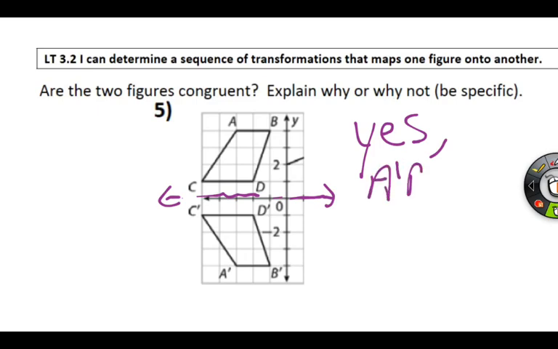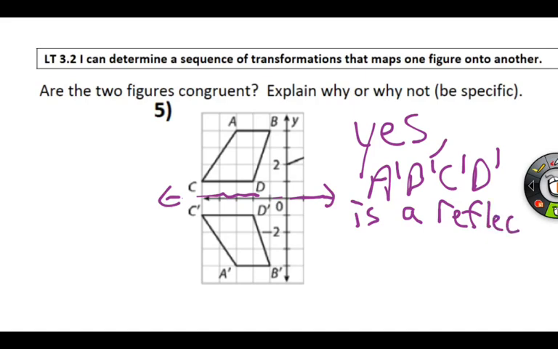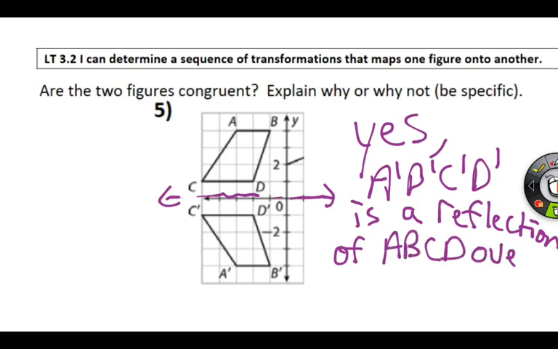A prime, B prime, C prime, D prime is a reflection of A, B, C, D over the x-axis.